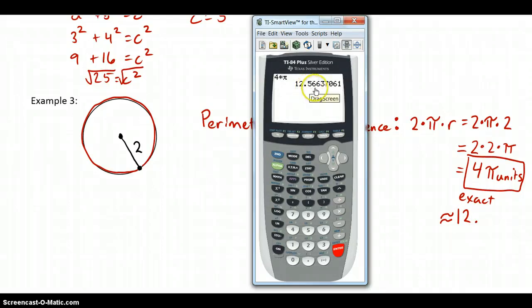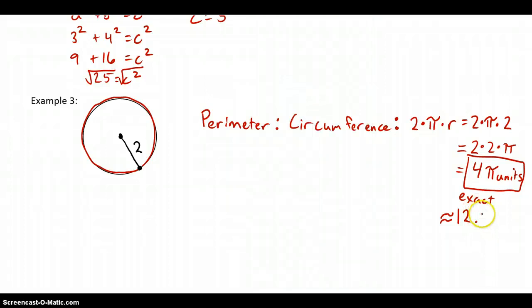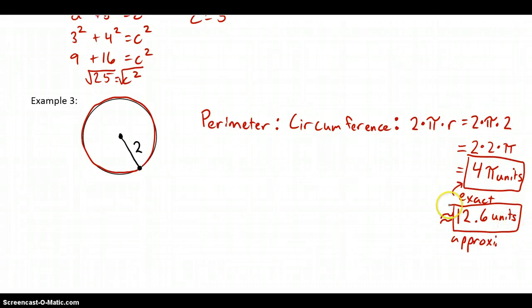So I need to look at this decimal place. This 6 tells me round this number up to 6. 12.6 units. This is not an exact answer. This is an approximate answer. I rounded to get that answer. So the length of this line is approximately 12.6 long.